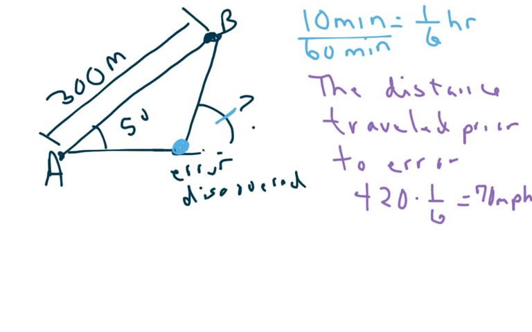Okay, so the distance traveled prior to the error is 70 miles per hour, which is this right here.